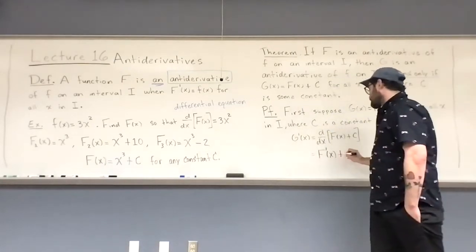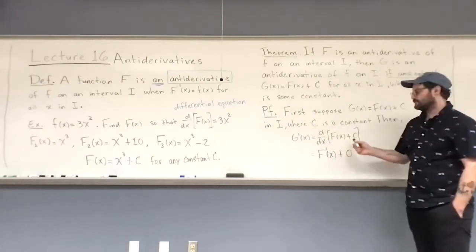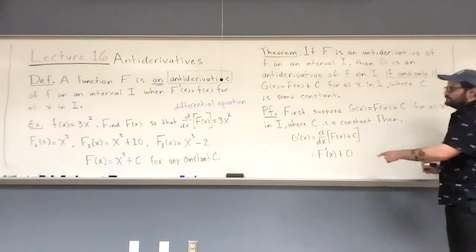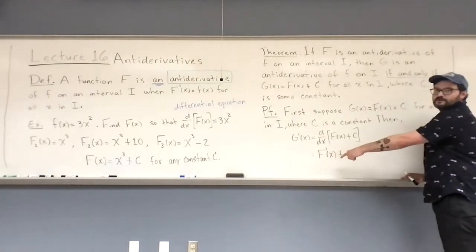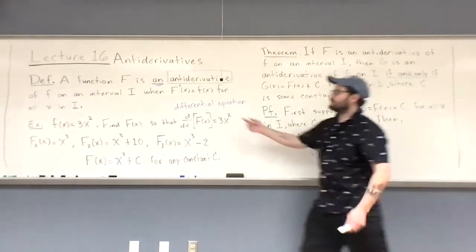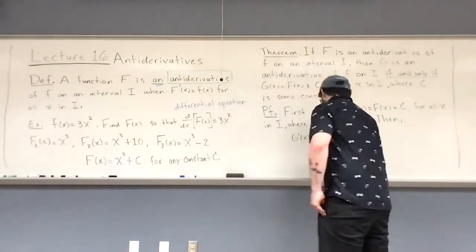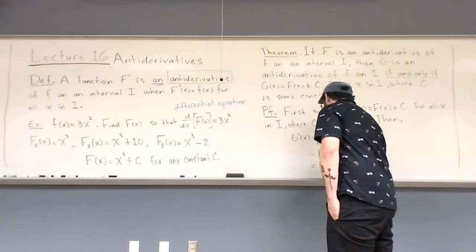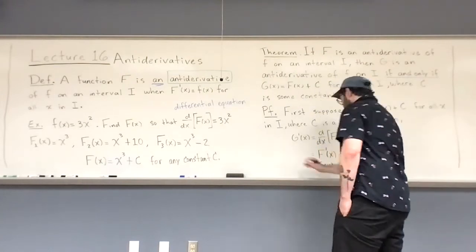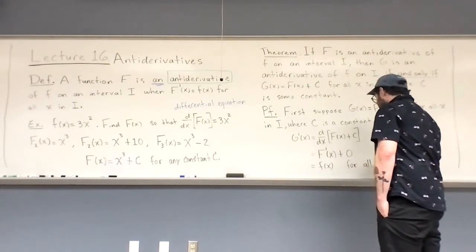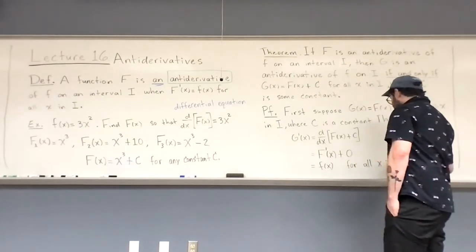And then the derivative of a constant is just 0, right? But what do we know about capital F prime of x? Capital F prime is little f, yeah, for all x in that interval, right? I ran out of room, but let's just say for all x in I.